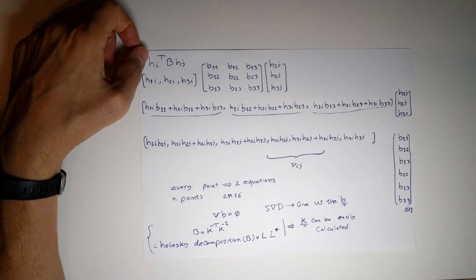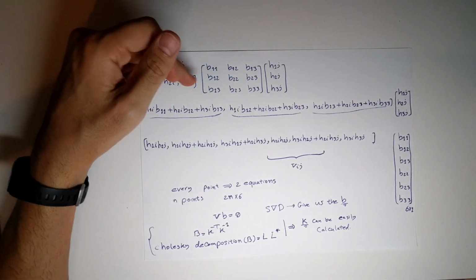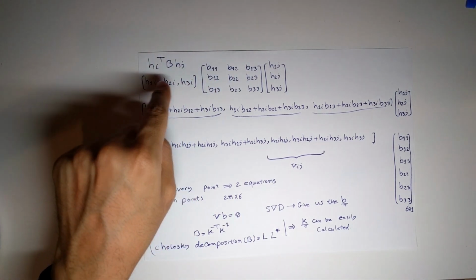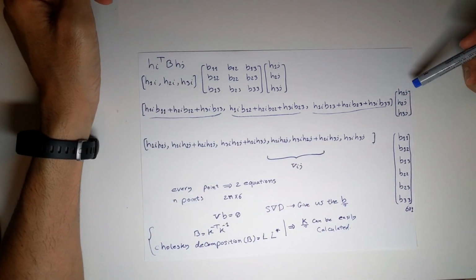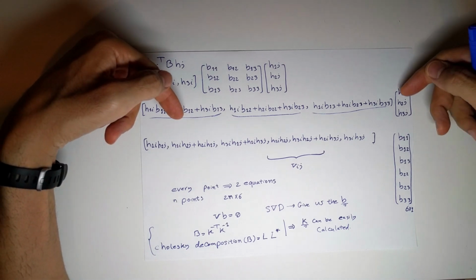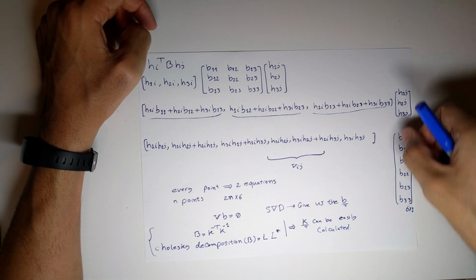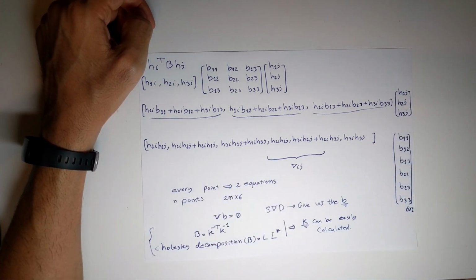I've done it here. You can see this row by this column, this row by this column, and this row by this column. So this row by this column gives us this, this, this, again multiplied by this column. If I multiply this by this, this by this, this by this, and separate the b's and put them in a column vector like this, I will get such a matrix.